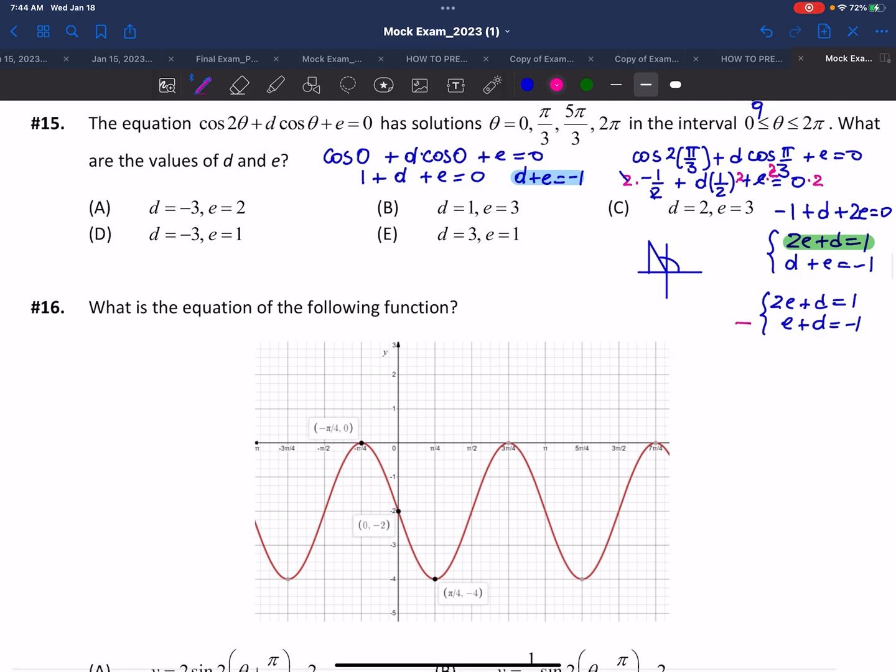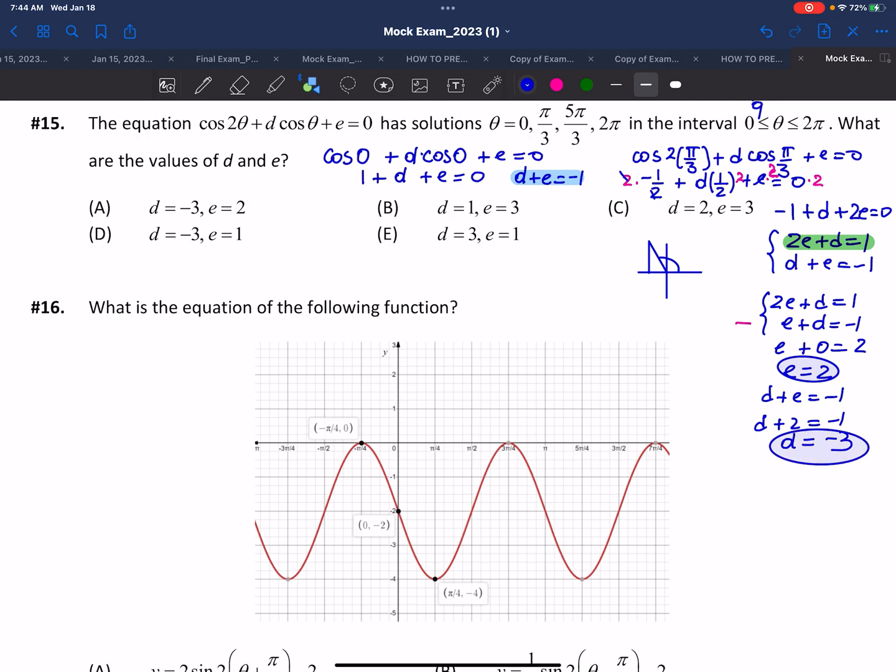If you subtract the equations, we get e plus 0d equals 1 minus negative 1, 2, which makes e equal to 2. If e equals 2, knowing that d plus e equals negative 1, then d plus 2 equals negative 1, which makes d equal to negative 3. So e equals 2 and d equals negative 3 are the solutions.